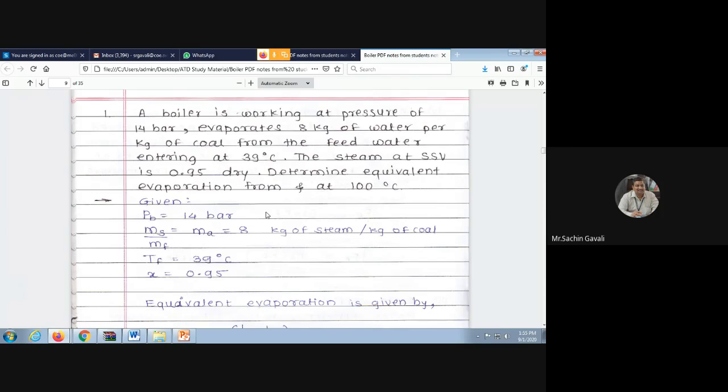Evaporates 8 kg of water per kg of coal from the feed water entering at 39 degrees Celsius.